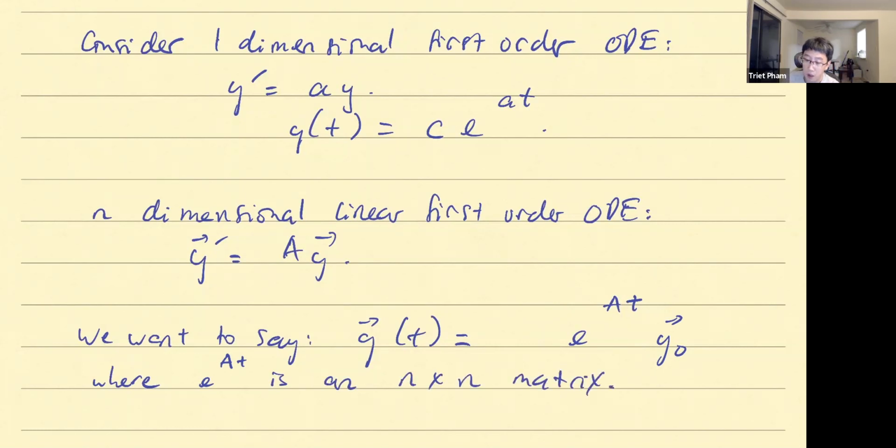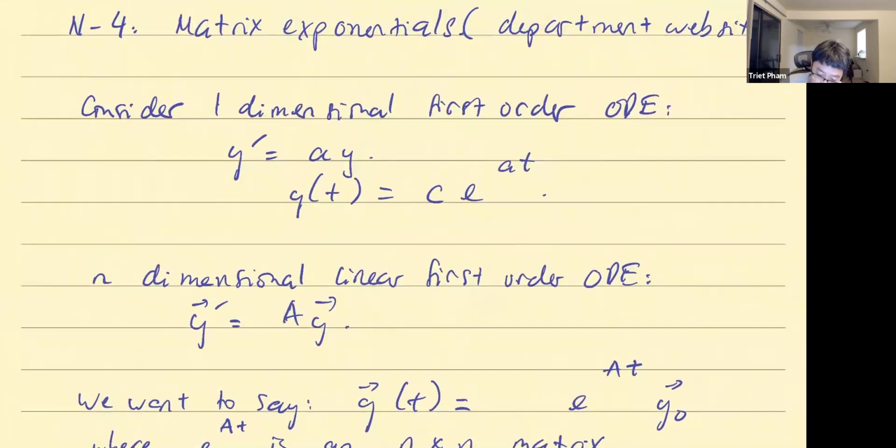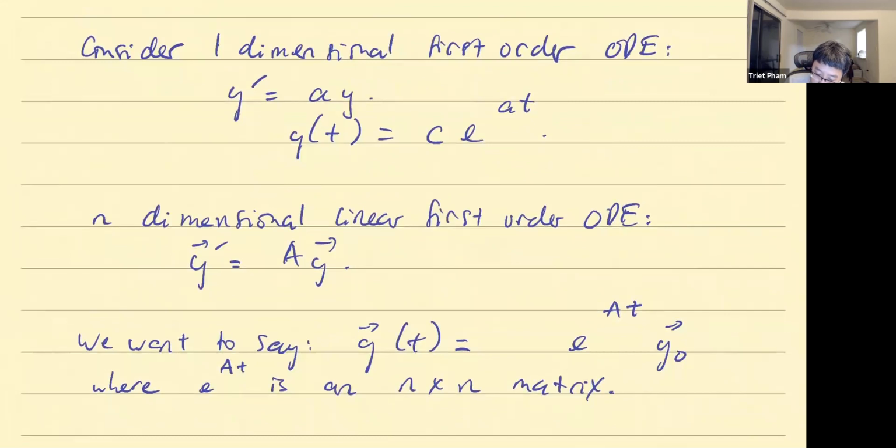So the discussion here is how to understand this term e to at, where A is a matrix.